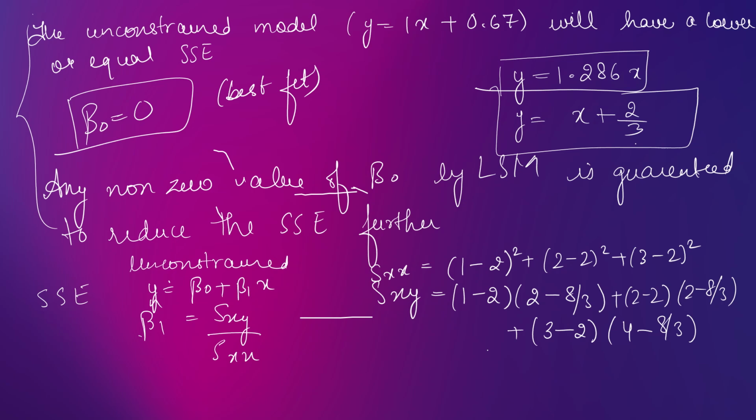Basically, the unconstrained model here has lower SSE. Why? Because forcing through origin can increase error. Constraining the line to pass through 0, 0 reduces the flexibility and prevents the model from minimizing SSE freely.